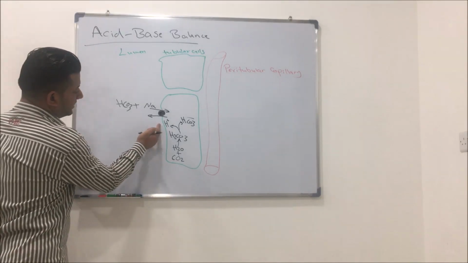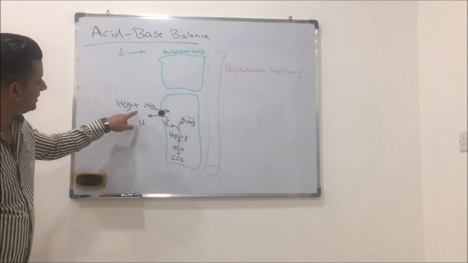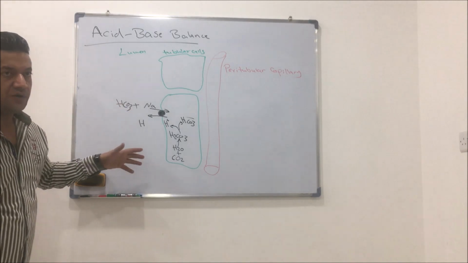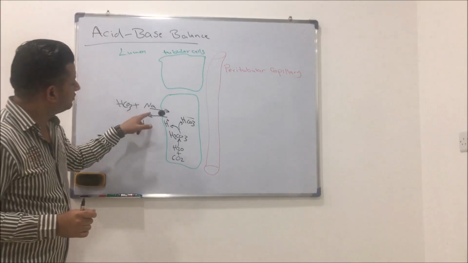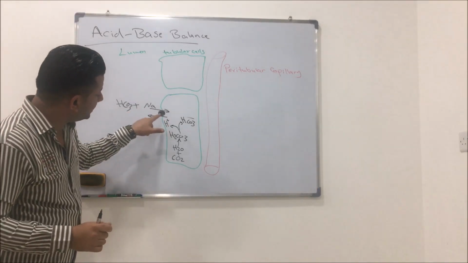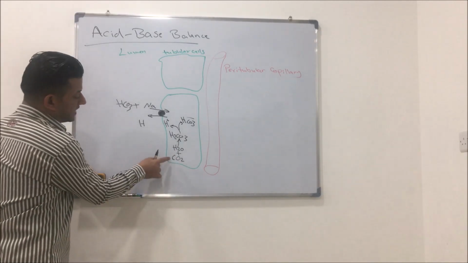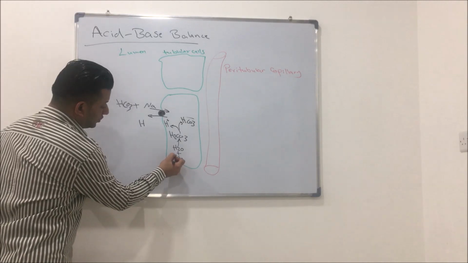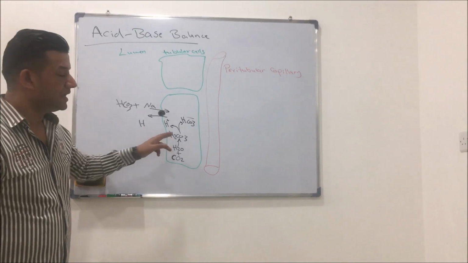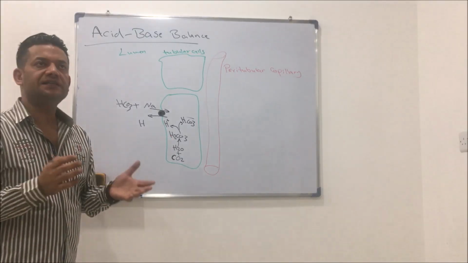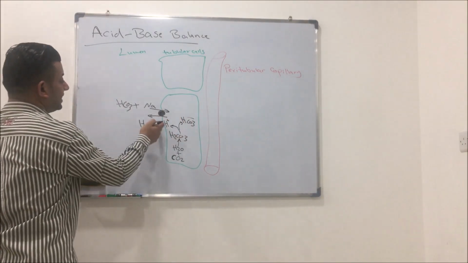So now H ion is excreted, and we can see here the NaHCO3 when we have spoken about the buffer systems. So now sodium will be exchanged with the hydrogen ion, which is released by dissociation of carbonic acid. You can see here that CO2 is bound with H2O to yield H2CO3. H2CO3 is an unstable acid, can be dissociated into HCO3, which is the bicarbonate, and H ion.